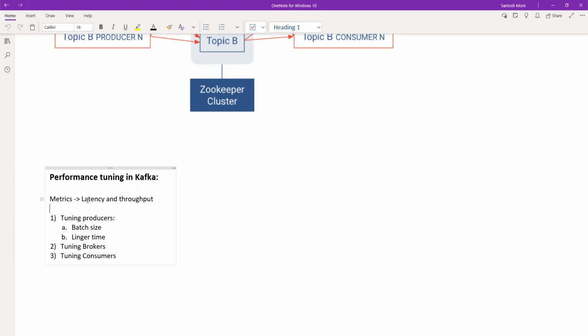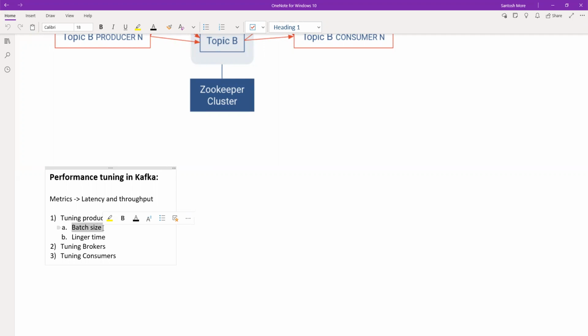So what they are saying is tuning Apache Kafka for optimal performance involves tuning either the producer, the broker or the consumer. And how is it done? The producer, we know, produces messages in batch sizes. So this is also a configurable parameter. So what is a batch size?